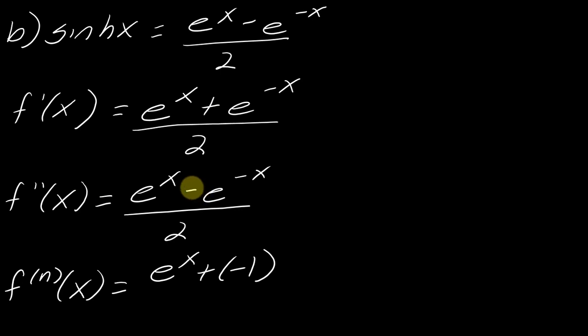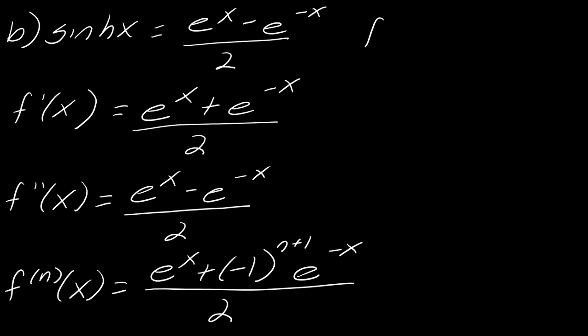So if I take this derivative plus 1, that'll give me an odd exponent, so that'll give me a negative number here. So this will be n plus 1, e to the negative x over 2.